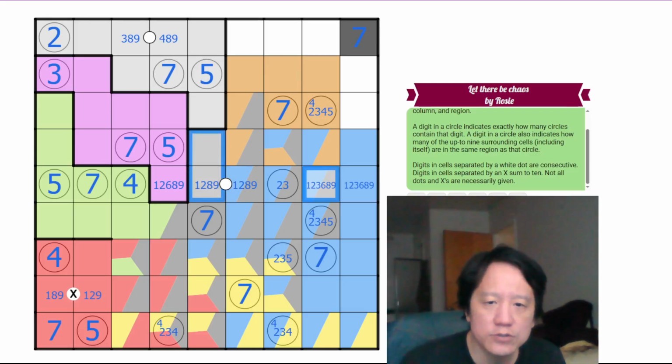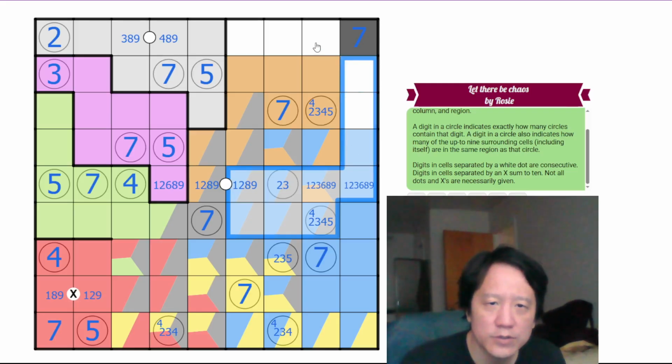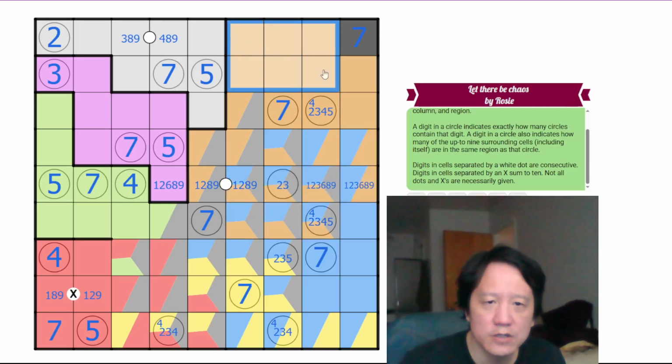Orange can go this way, to here, to here, to here. Cannot reach here. So technically orange can go all the way around here. Dark could go to any of these, really.